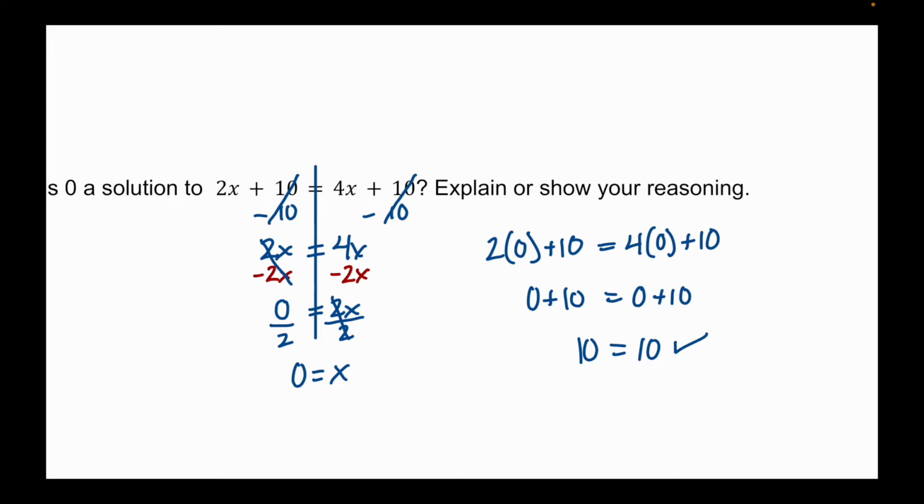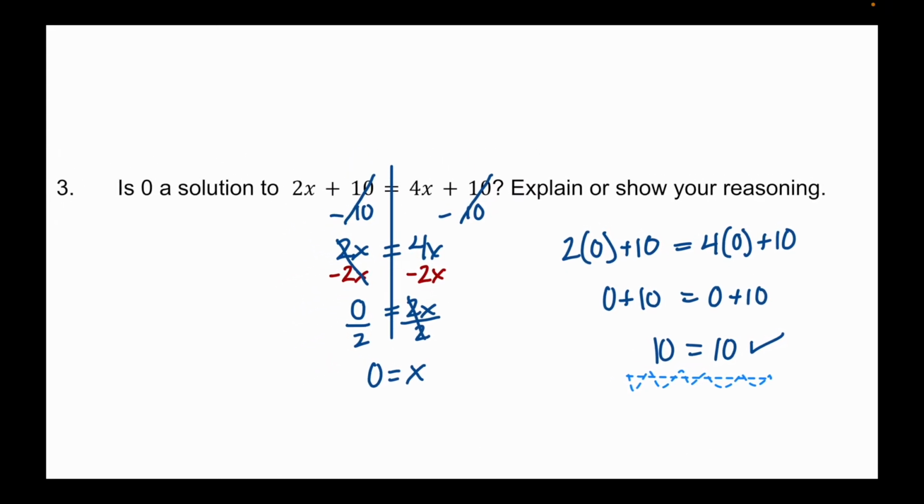So a couple different ways you can try to use words and explain that, like plugging something in here would take that term away. You can show solving the equation, or you can show plugging in and that it gives you something that's equal.